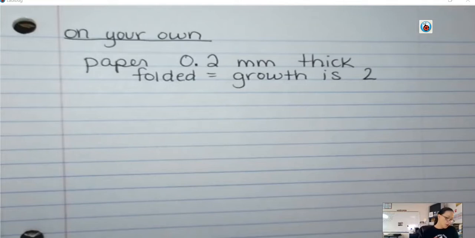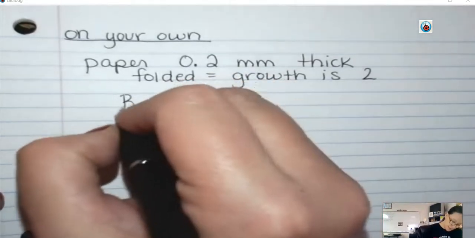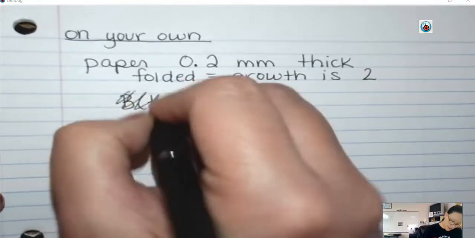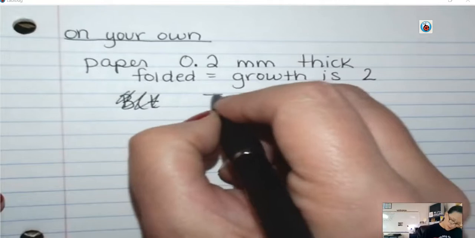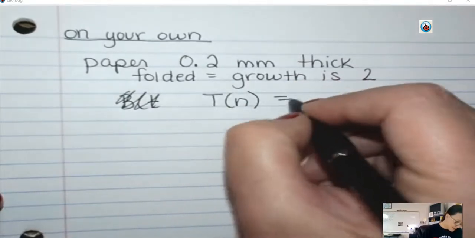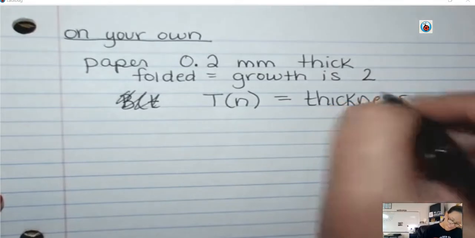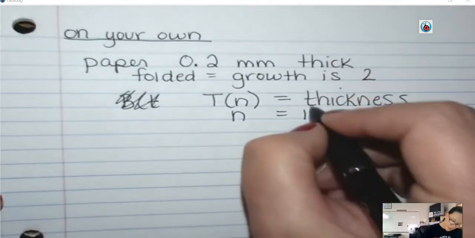Write an equation for the thickness of the paper in millimeters as a function of the number of n folds. So we're going to say B of T. No, T of n, sorry, not B of T. T of n is going to be the thickness, and n is going to be the number of folds.